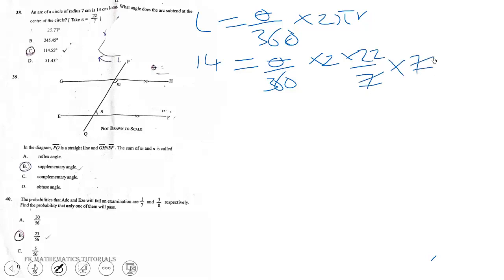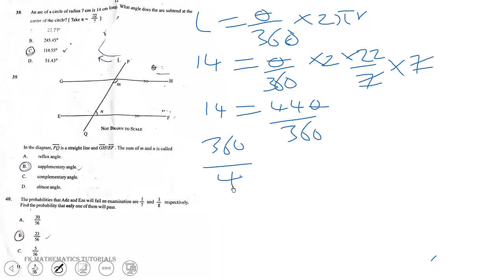Then we have 14 here is equal to 44 times theta over 360. So we multiply both sides by 360 over 44 times 14. That will give you theta, and this will be equal to 114.55 degrees. So the correct answer is C.